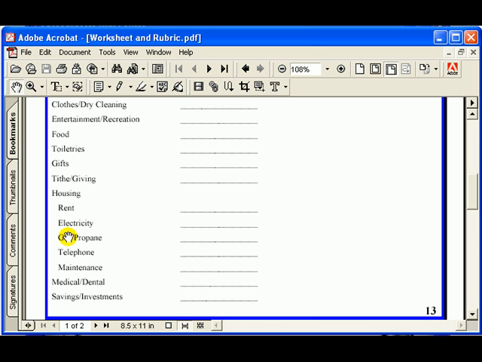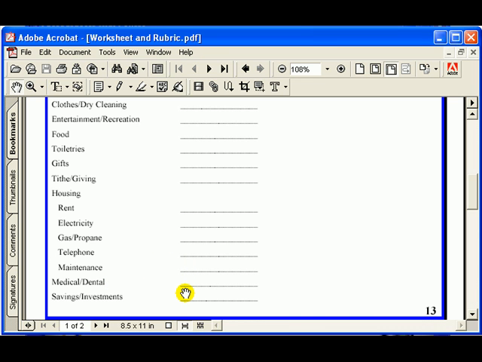These two, electricity and gas, you need to heat your water, that's gas, and you need to turn on your lights, that's electricity. Telephone includes your cell phone. Now, maintenance for the house, you need to set some money aside every month to pay for new light bulbs. If you break something, even in an apartment, it's not yours, but you're still responsible for paying for it.